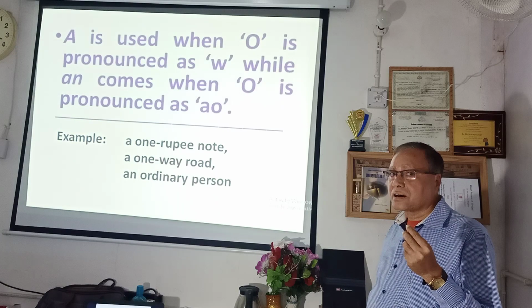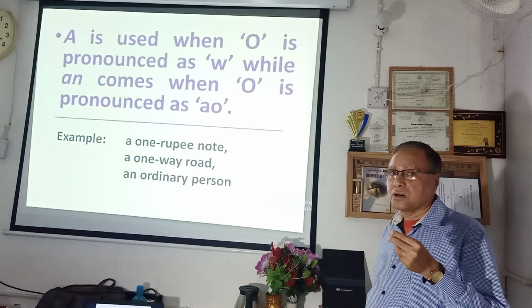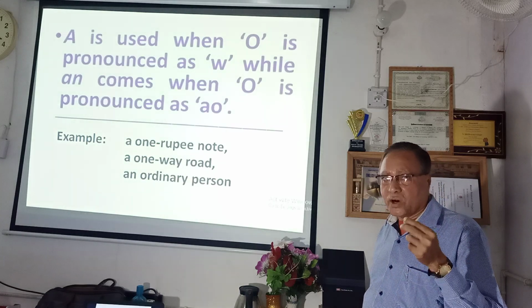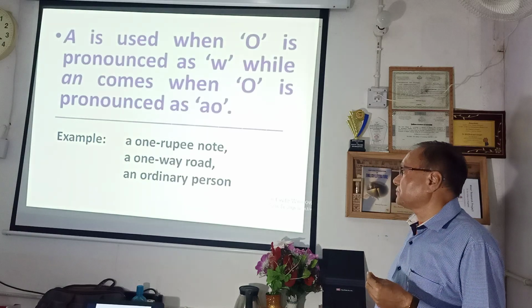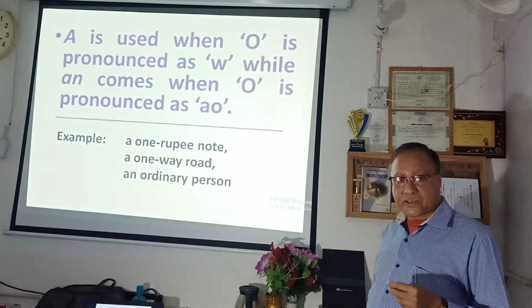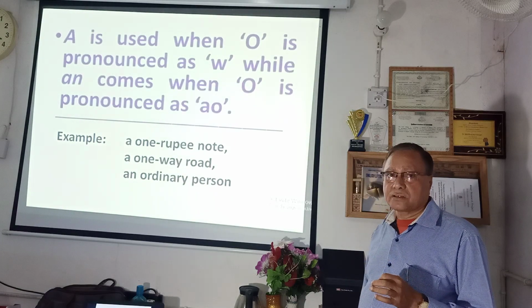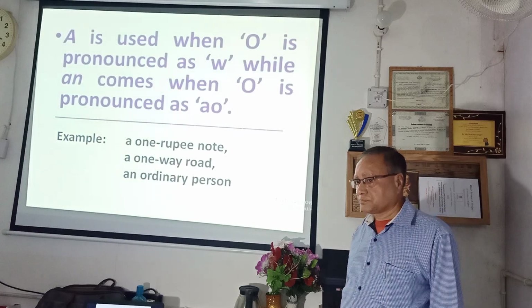Here O is pronounced as W. A one-way road. Here also O is sounded as W. But in the third example, an ordinary person, here O is pronounced as O.